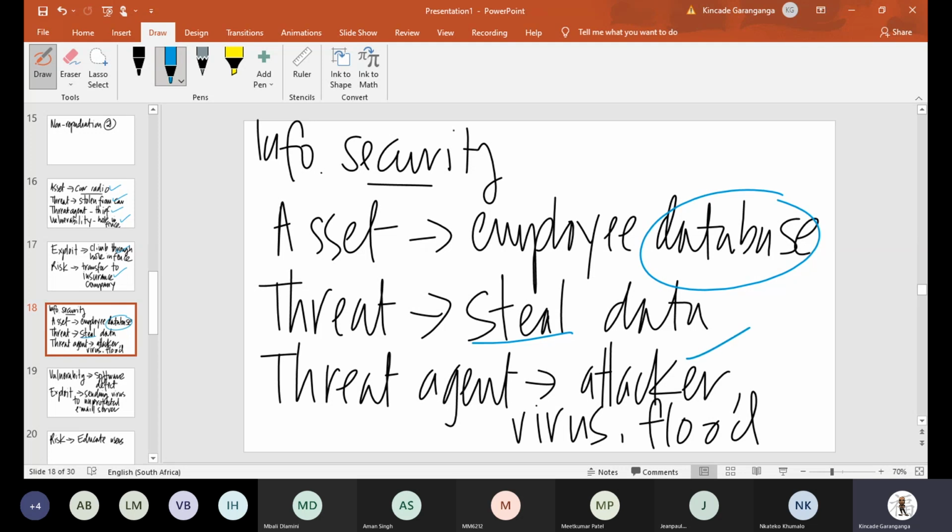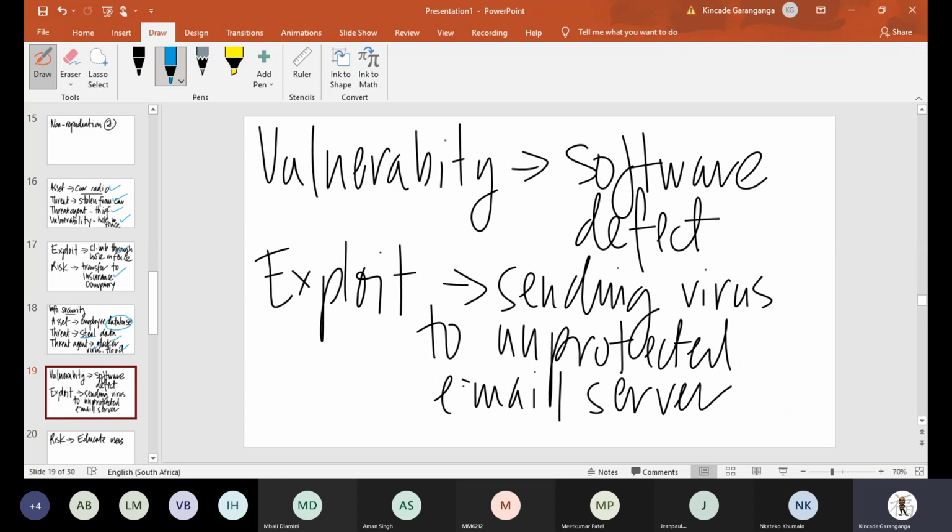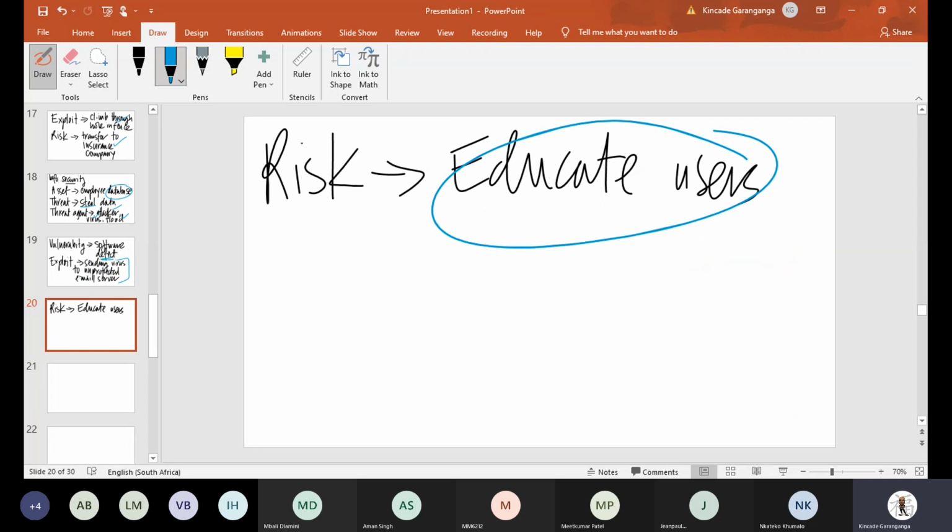It can also be malware or environmental threats associated with your setup. The vulnerability is a software defect. The exploit is someone sending a virus to an unprotected email server. And the risk is ensuring that your users are ultimately educated in that regard, to avoid any discrepancies that can arise.